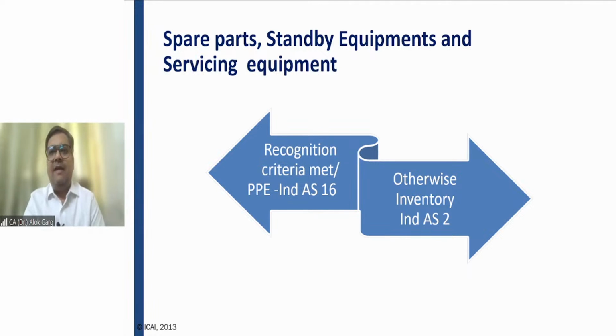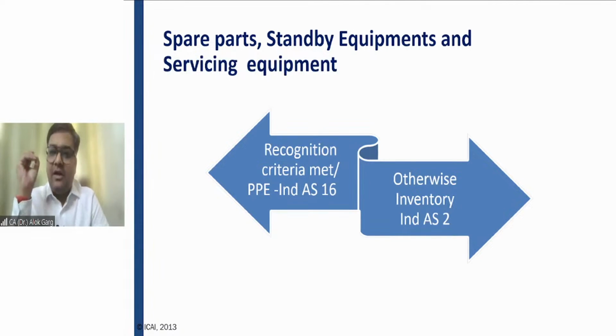Let's say the value of that item is 1,000 rupees or 5,000 rupees, and that item has to be replaced on a regular interval basis, and the company is keeping records and keeping the stock of these kinds of spare parts in its godown. So, friends, the life of the spare part is less than 1 year. In that case, it will not be capitalized. It will not be considered as PPE.